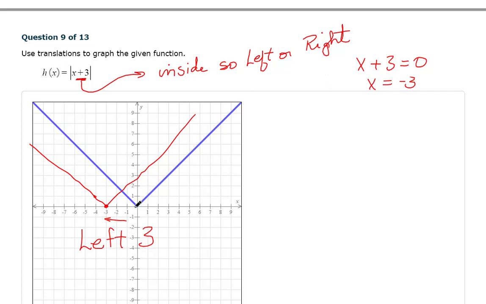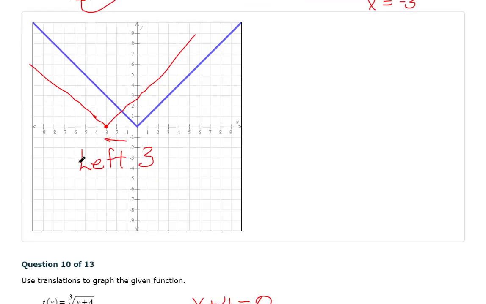Used to be at 0, 0, now moves over to minus 3, 0. This was at minus 1, 1, moves over by 3 to minus 4, 1. So similarly, all of these points just get moved to the left by 3.